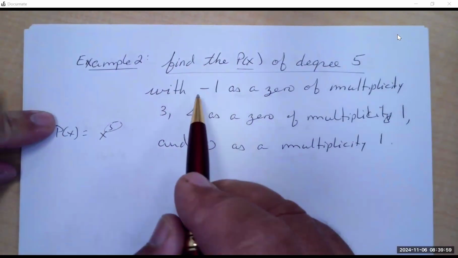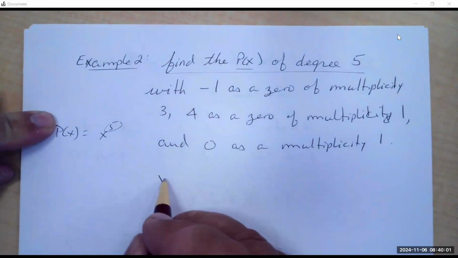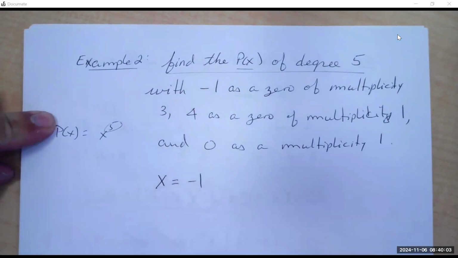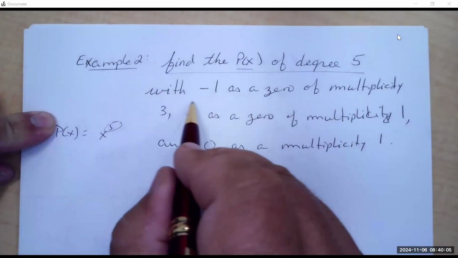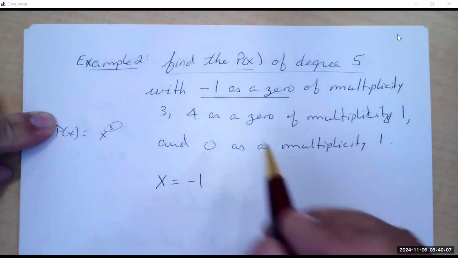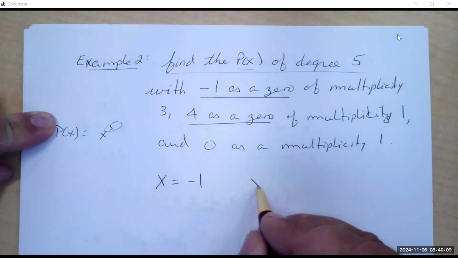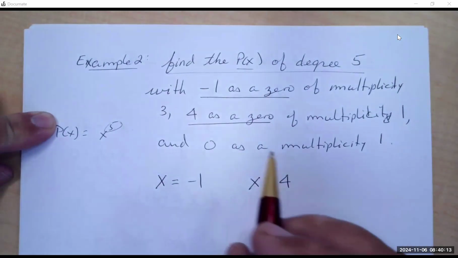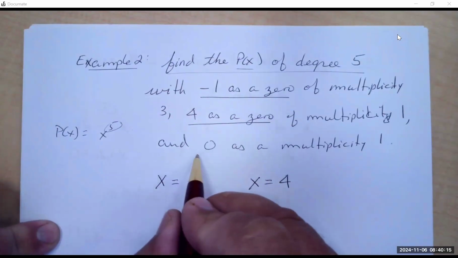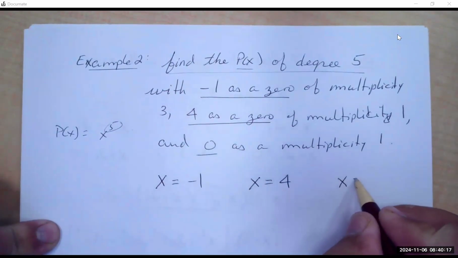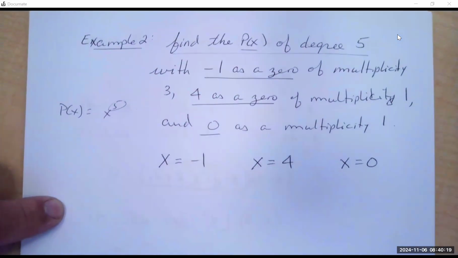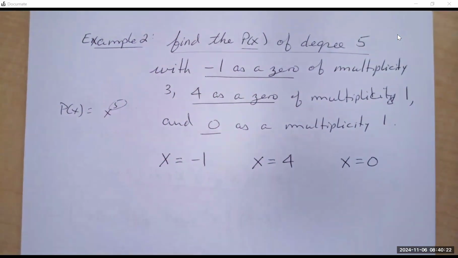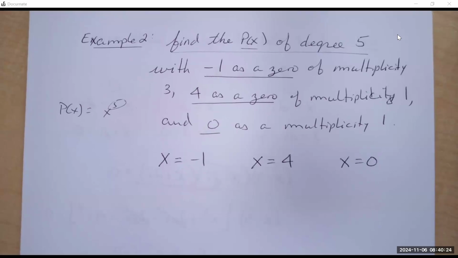Because -1 is a solution. That's a 0. 4 is a 0. And 0 is a 0. So we do the same thing we did in the past, which is set the zeros in there.